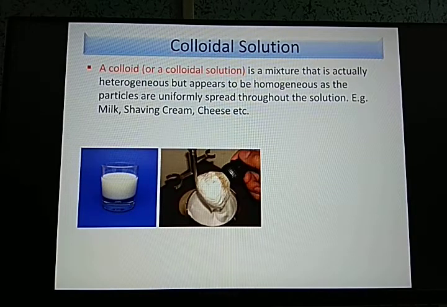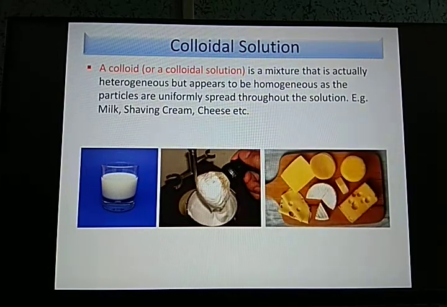They are actually heterogeneous mixtures by chemical composition, but they look like a homogeneous mixture. We can think about it as a mixture that is made up of only one kind of constituent particles. Clear?